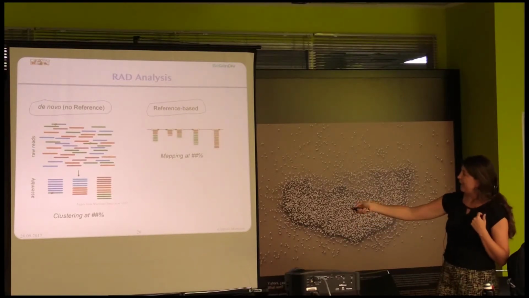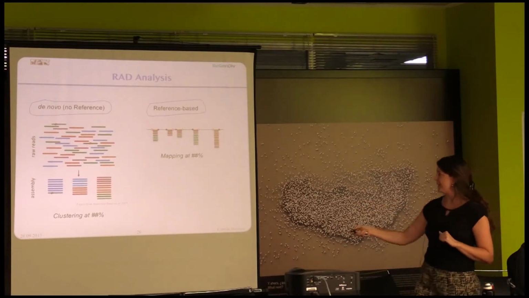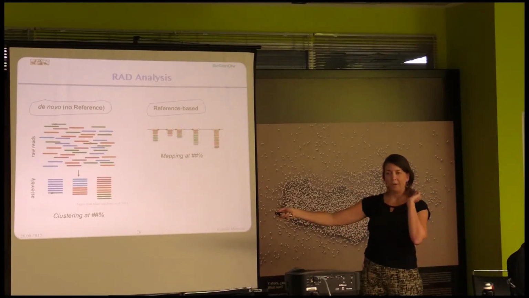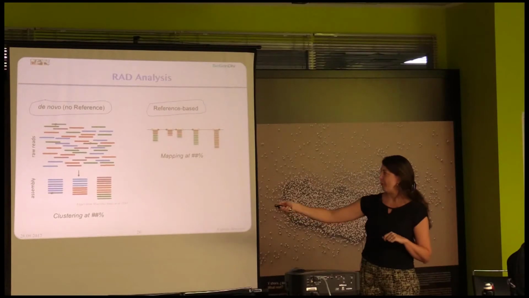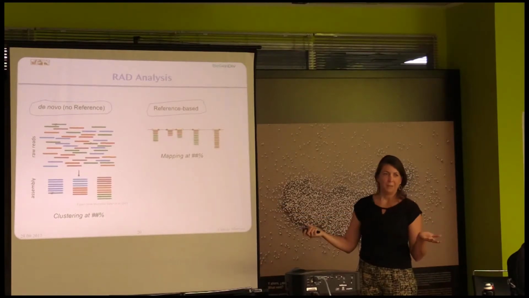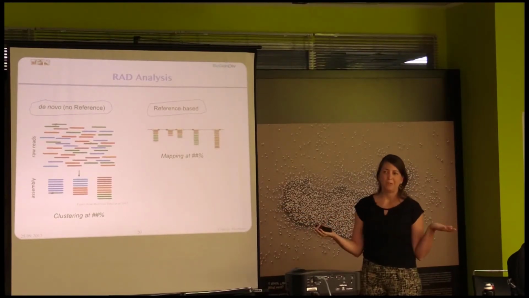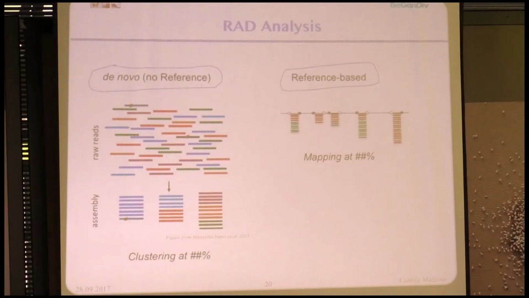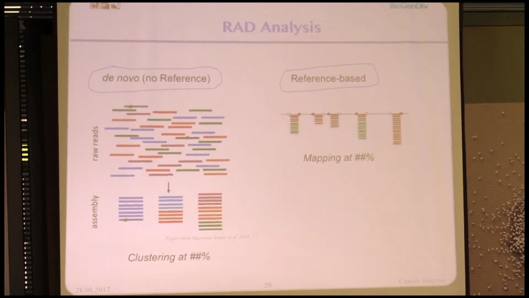And then you assume at first that this represents one locus in my genome, this is another locus, and this is another locus. And then you try to genotype to see, is there 1 allele or 2 alleles? They are diploid, so the maximum is 2 alleles. That's basically what you try to do. If you find 3 alleles, you're going to get suspicious. It's either a paralog or you have some errors.